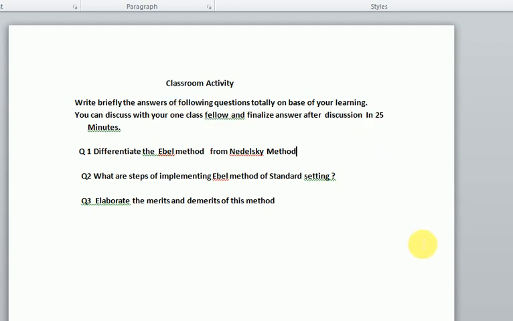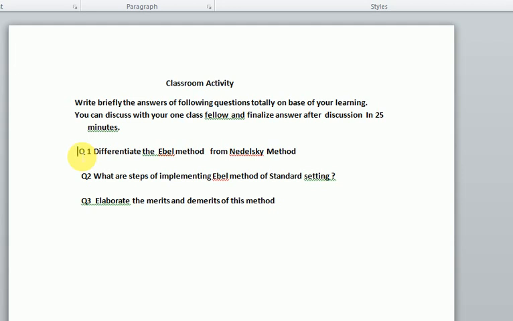Question number 1. Differentiate the Abell method from the Nedelsky method. What is the difference between the Abell and Nedelsky methods? Question number 2. What are the steps of implementing the Abell method of standard setting? And number 3.